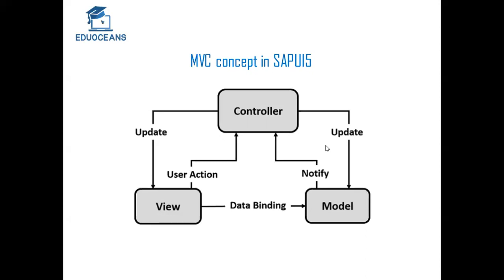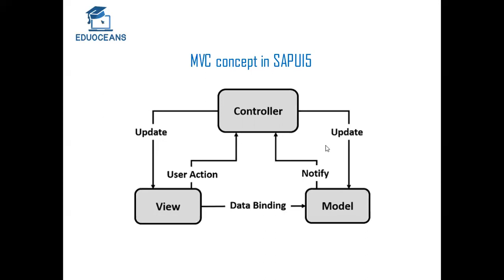You can define the model view controller concept in SAP UI5 with the following features. First, the model. The model acts as a bridge between the view and the application data. It is used to get the request from the view and respond as per the user input. The model doesn't depend on the classes. What about the view?